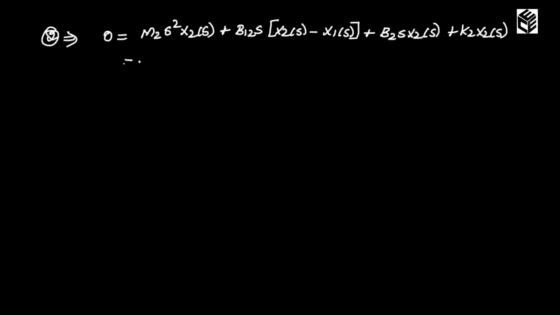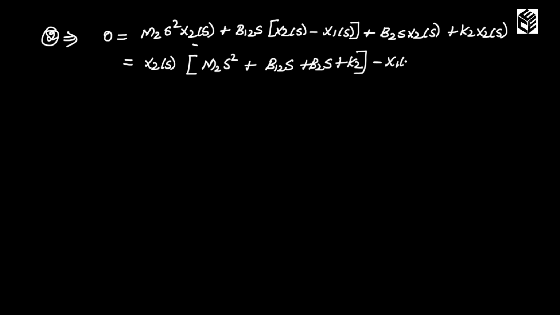From this, I am going to take X2(s) as a common factor. So, X2(s) into (m2 s² + b12 s + b2 s + k2). I have a minus X1(s) term, so minus X1(s) into b12 s.